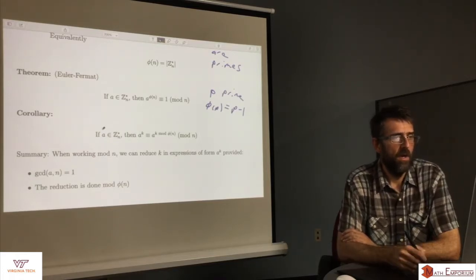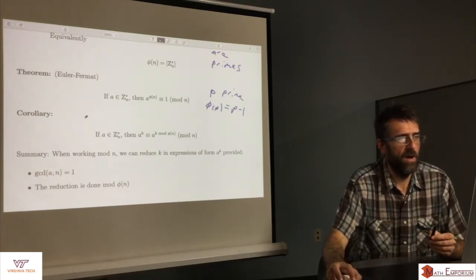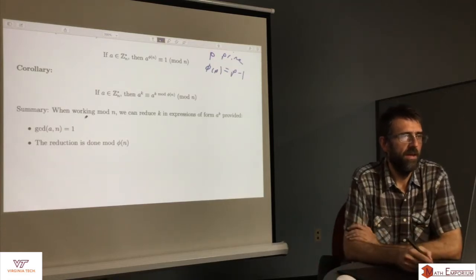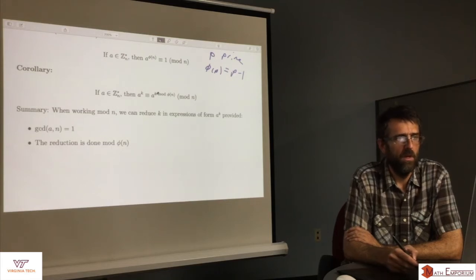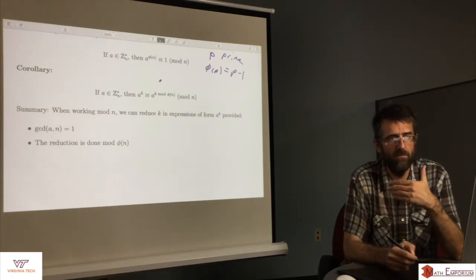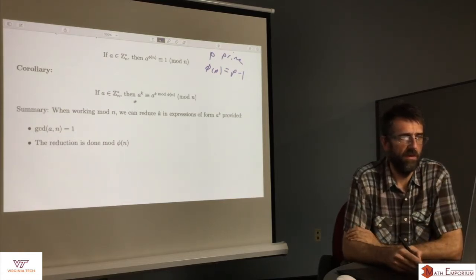And then a corollary: if we're working mod n and we want to reduce an exponent, then a to the k will be congruent to a to the k reduced mod phi of n. Because here the two exponents just differ by a multiple of phi of n, but a to that multiple of phi of n is just going to be 1. So that will give you the same expression.